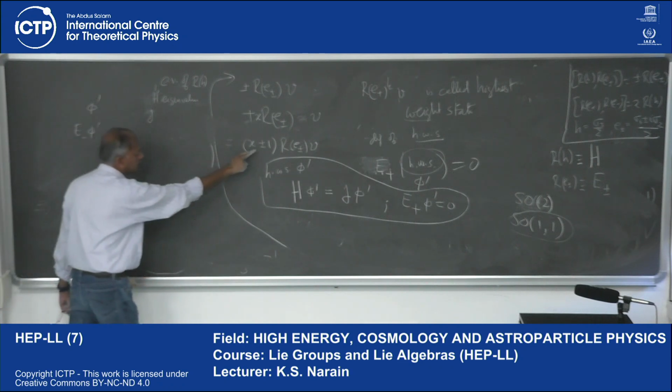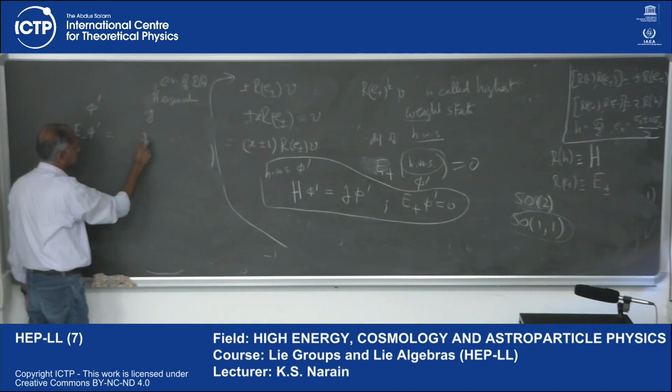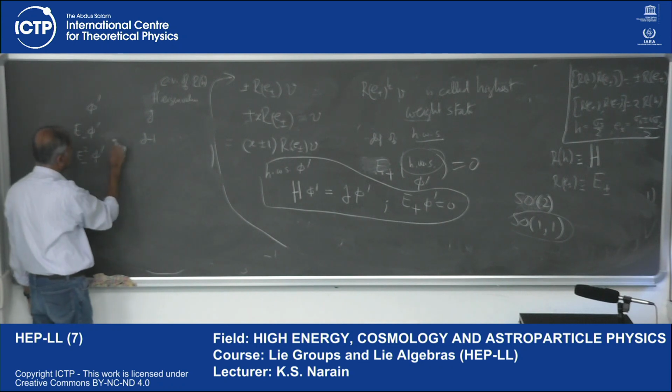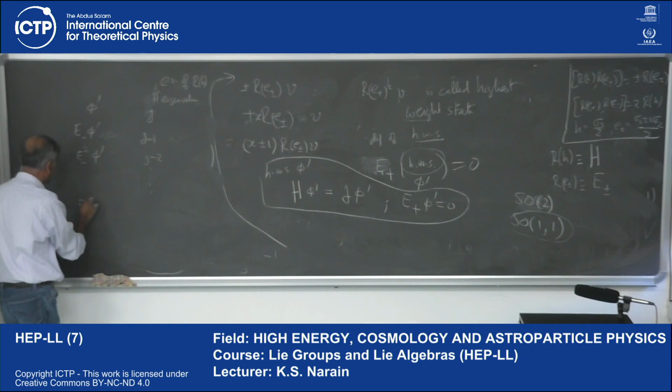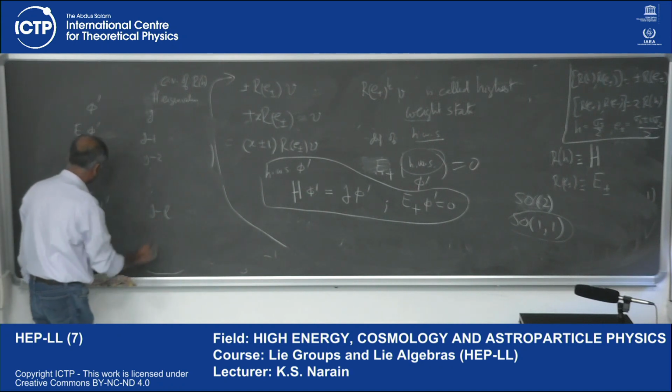Then this is a lowering operator. Remember, it's a lowering operator. So it will have eigenvalue J minus 1, and applying E minus squared on phi prime will give eigenvalue J minus 2 and so on. If I apply it L times, I will get J minus L.